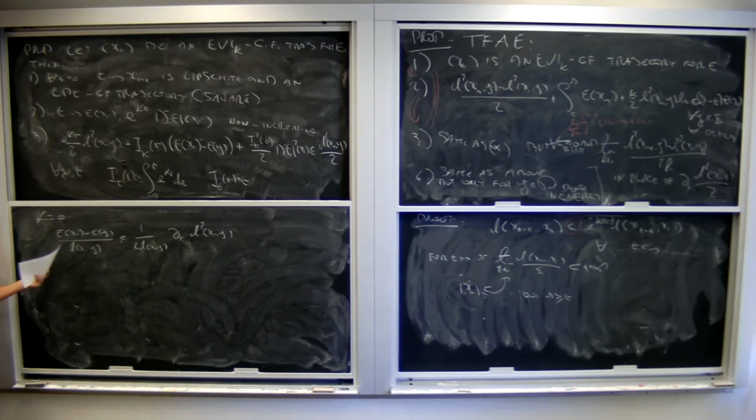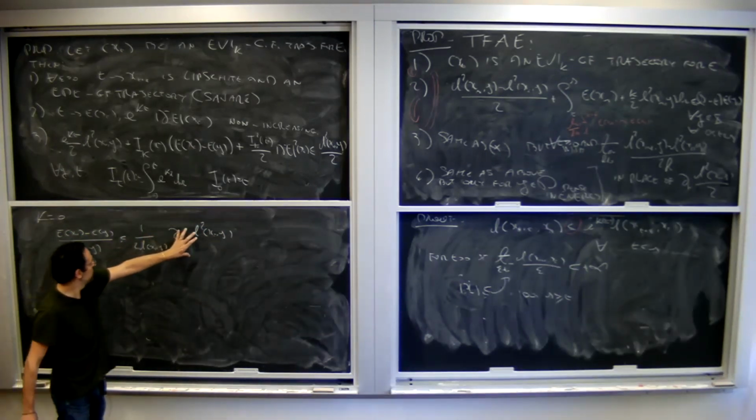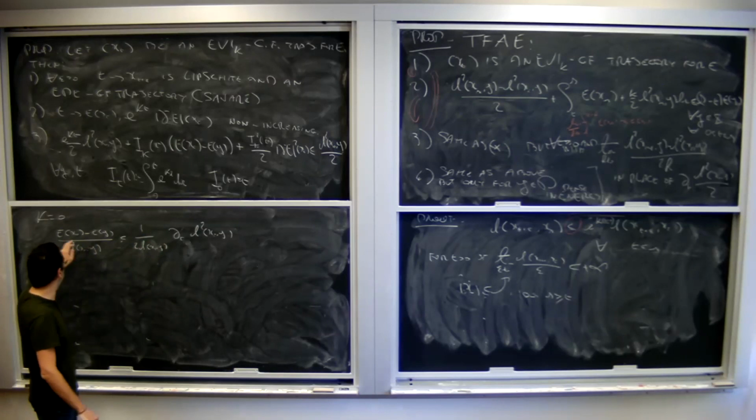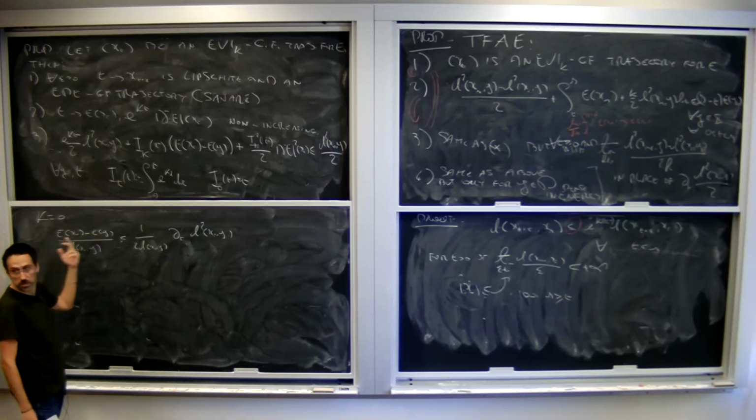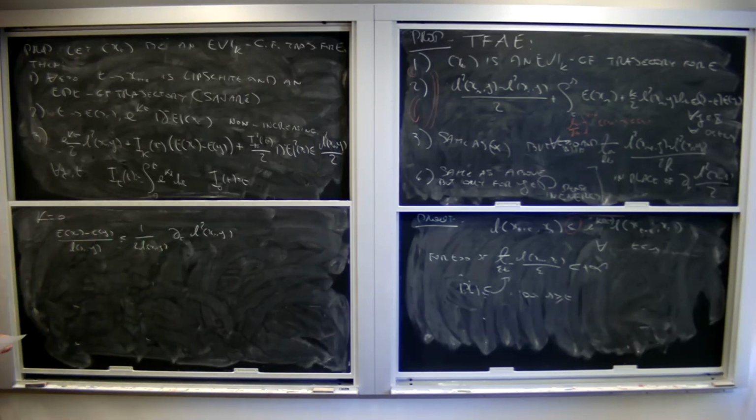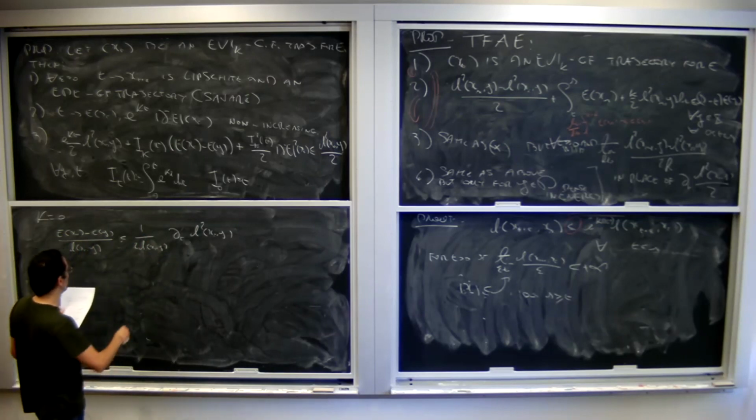You agree? This really comes just by rearranging terms in EVI. Okay, one half the derivative of distance squared is less or equal than energy of y minus energy of x. So I'm just swapping the terms. Maybe there's a minus.